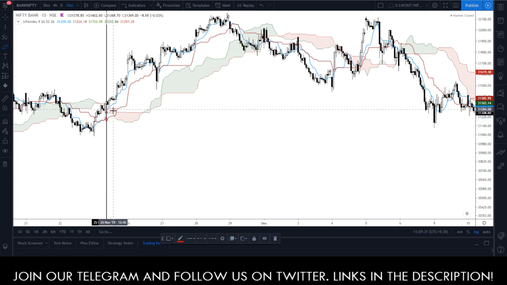Only after this point did the red line cross above the red cloud and the blue line cross above the red cloud. So once the price action is somewhere about here, only then can you be assured that okay, now this is going to be an uptrend. Otherwise you cannot be assured of an uptrend.